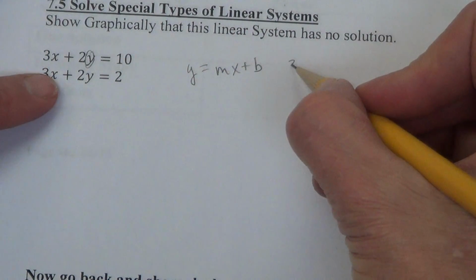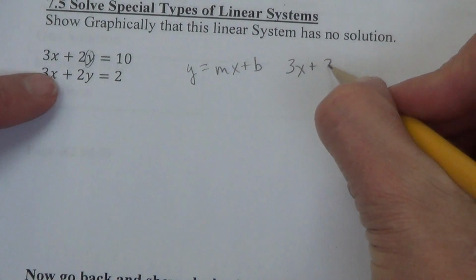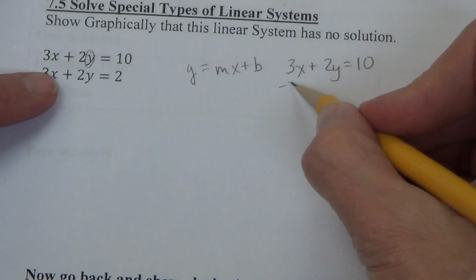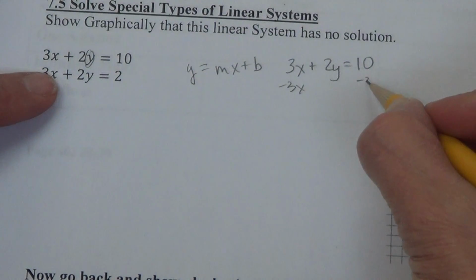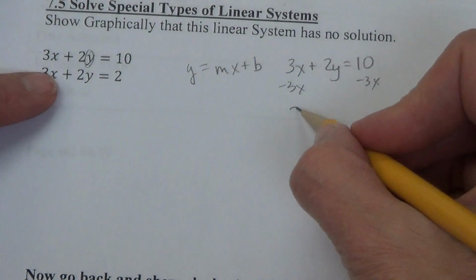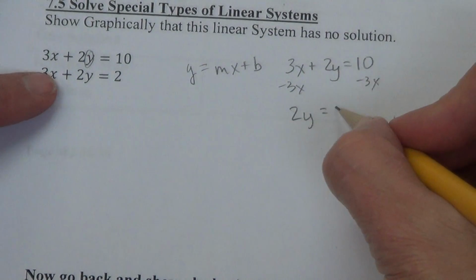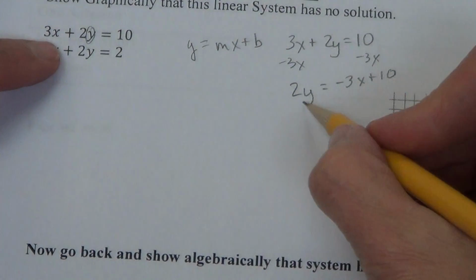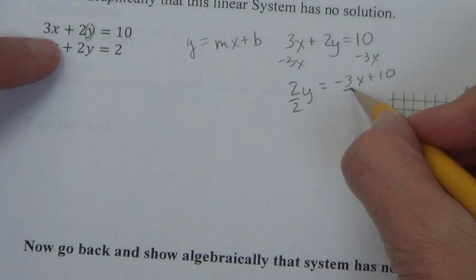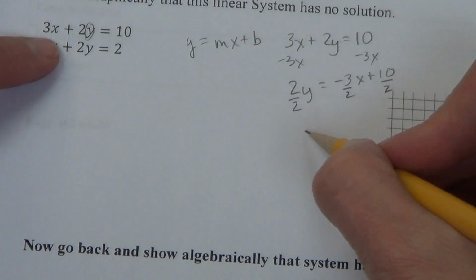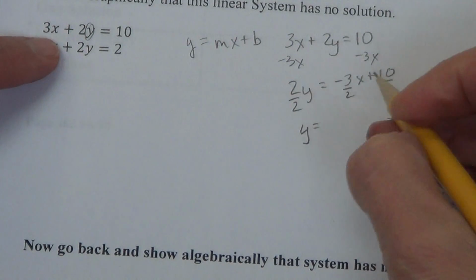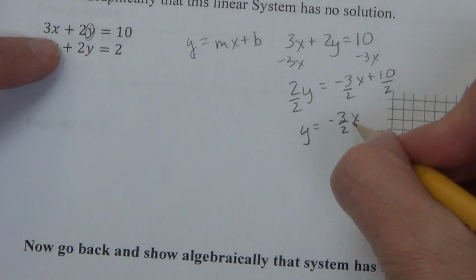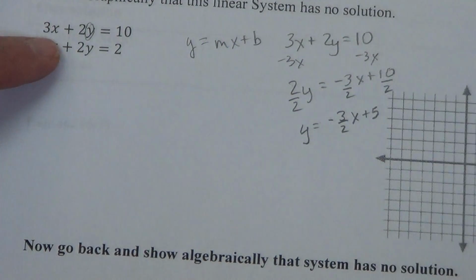We have 3x plus 2y equals 10. We subtract 3x from each side. We get 2y equals negative 3x plus 10. Divide everything by 2, and we get y equals negative 3/2 x plus 5.